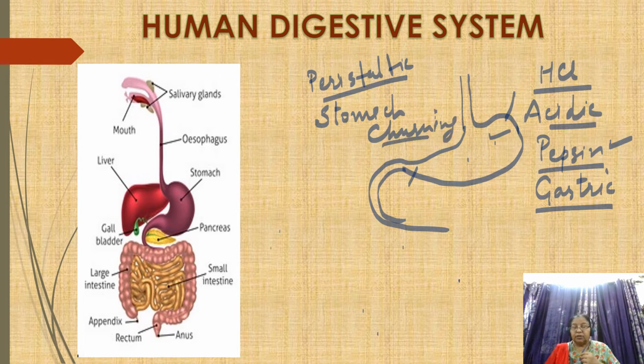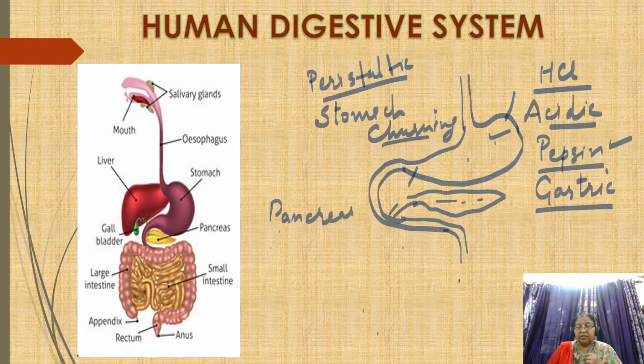Now the next portion is the small intestine. Here you can see a small portion of the small intestine. It's a U-shaped bend here. This U-shaped bend has a leafy organ which is called the pancreas. You must have heard a disease called diabetes.